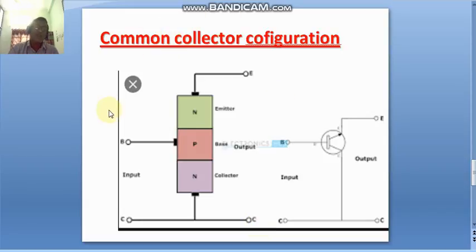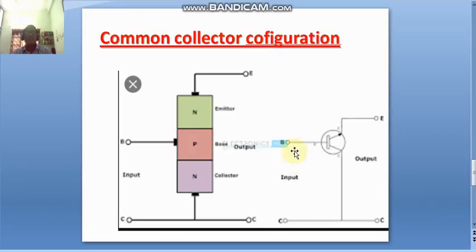In the common collector configuration, the input is given between base and collector, and the output is taken between the emitter and collector. This is the diagram. If you observe this circuit diagram, emitter, base, collector, the collector is connected to input as well as output.